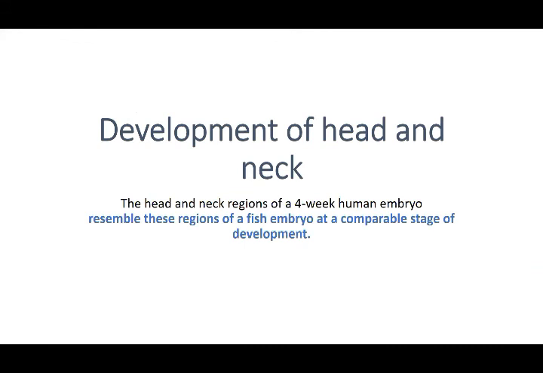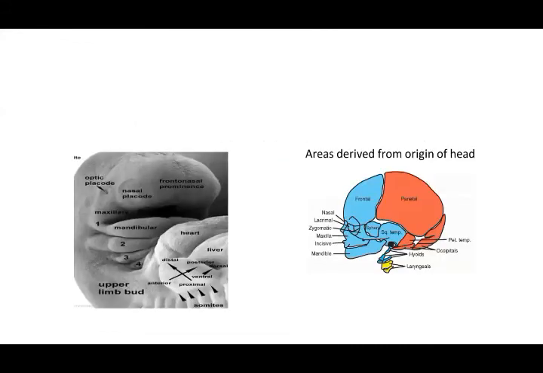Fish also have these arches, and they gave rise to the gills, so they were called the branchial apparatus. But because in human beings, at the level of the developing pharynx, they do not give rise to gills, it is not to be called branchial, but pharyngeal apparatus, or the pharyngeal arches.